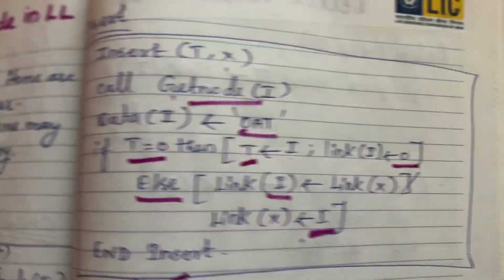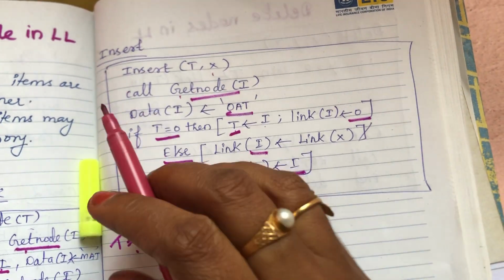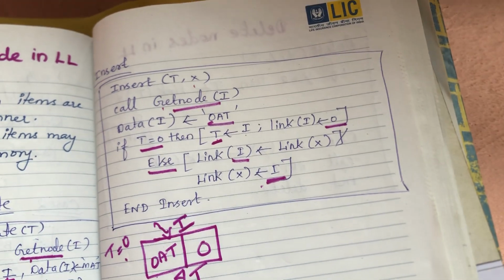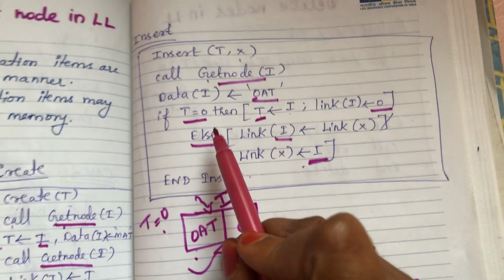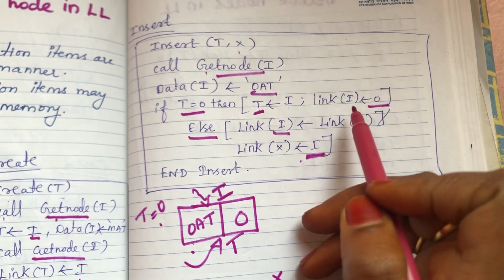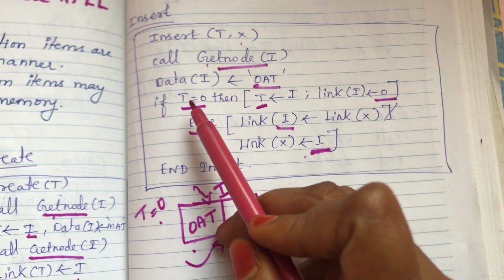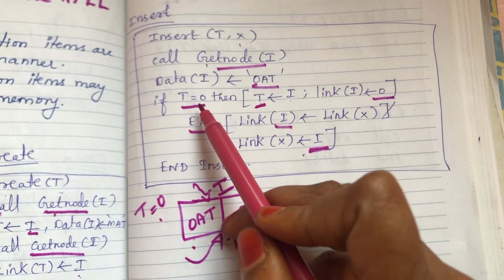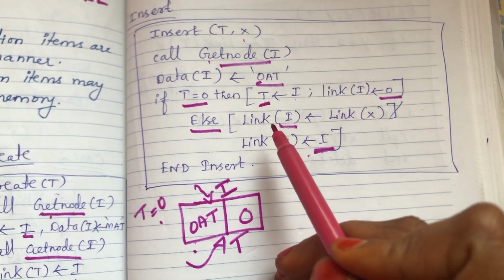Next one is how to insert a node. This is the procedure for insert of t comma x. Call getnode of I, data of I equals x, then if t equals 0, then t points to I, link of I is 0. In my list, no node means t is always representing 0. Otherwise, some nodes are in the list.